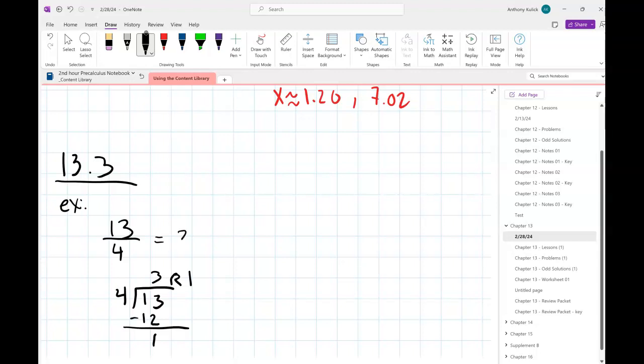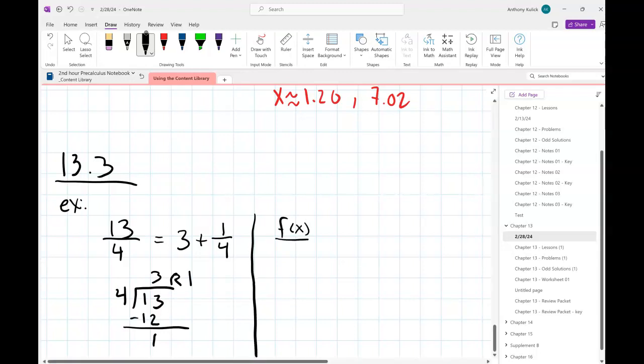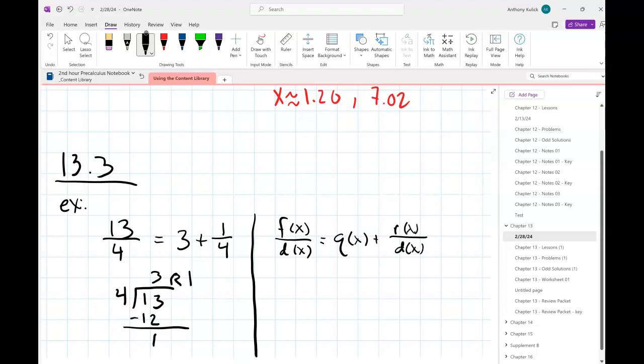So we can say this would be 3 and 1/4. Everybody's okay with that idea? Remember doing that? So in general, what we're saying is if I have a function that's divided by something, that's going to be the quotient plus the remainder over the divisor.